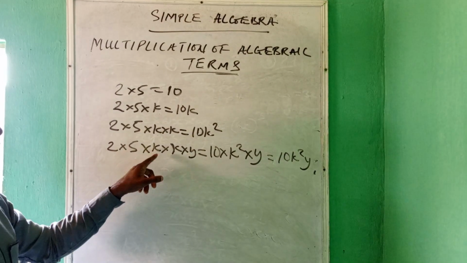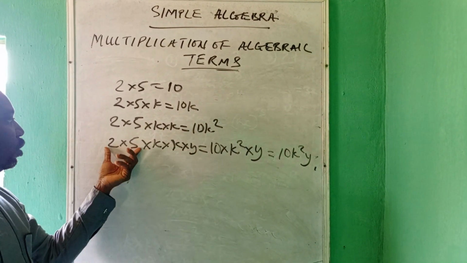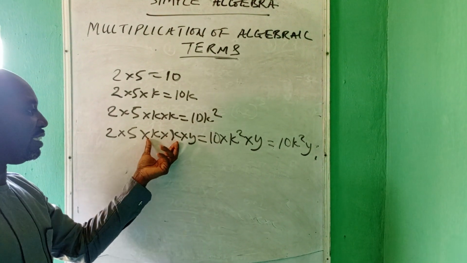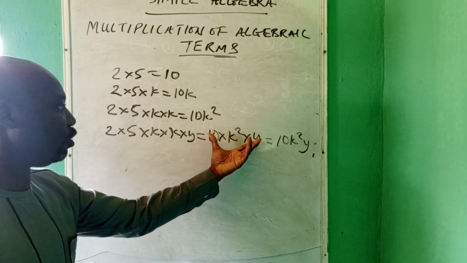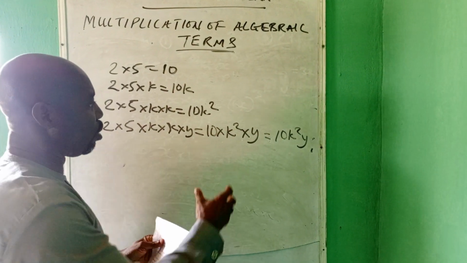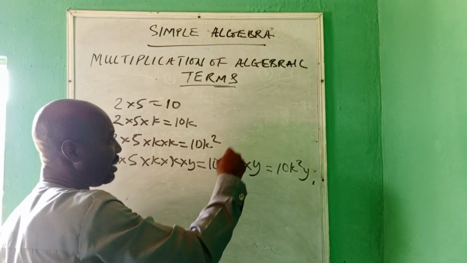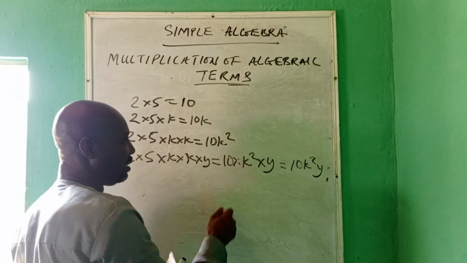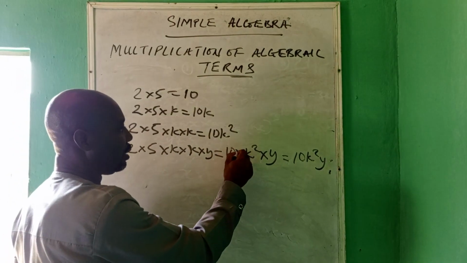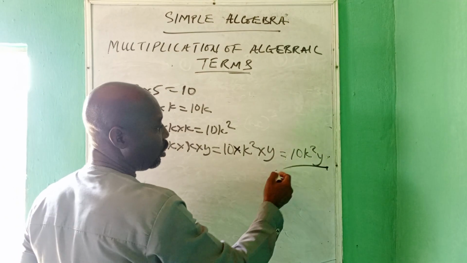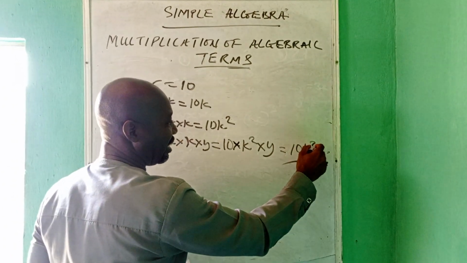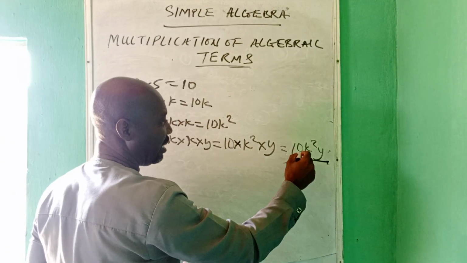2 times 5 times k times k times y. This will give you 10, k times k squared, y. Then if you join this together, since you are multiplying, you just remove these multiplication signs and bring them together. That is your 10k squared y. So when you look at this 10k squared y now, there's an invisible multiplication sign here.